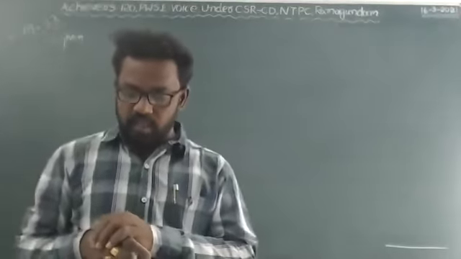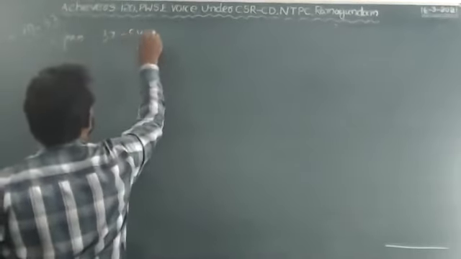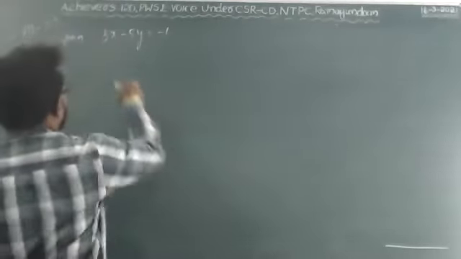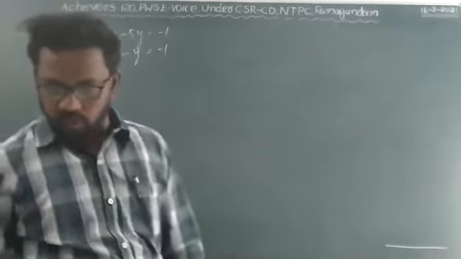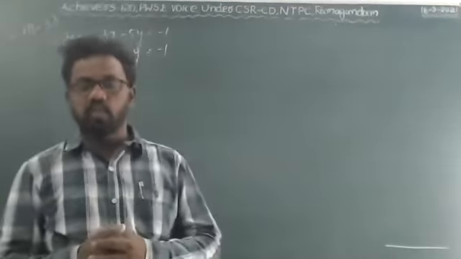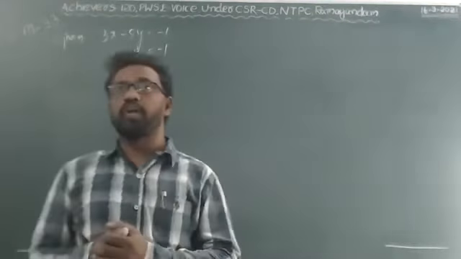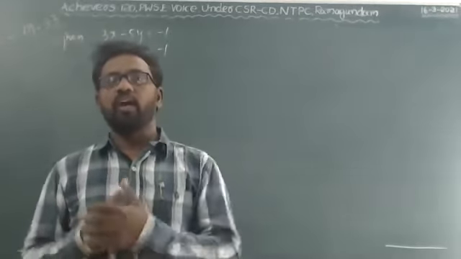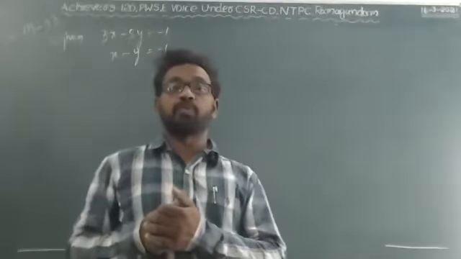One of the equations is 3x minus 5y is equal to minus 1, and the other is x minus y is equal to minus 1. So 3x minus 5y equals minus 1 and x minus y equals minus 1. From this, find the values of x and y by doing the substitution method.